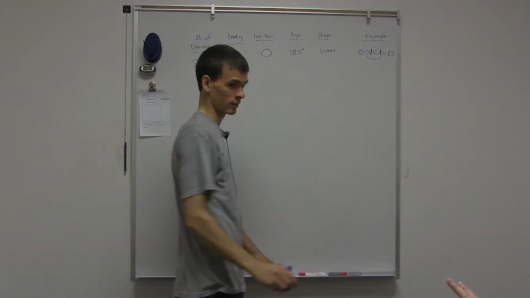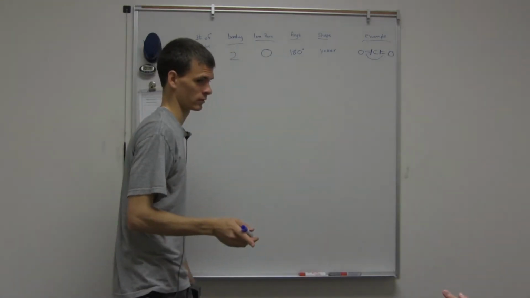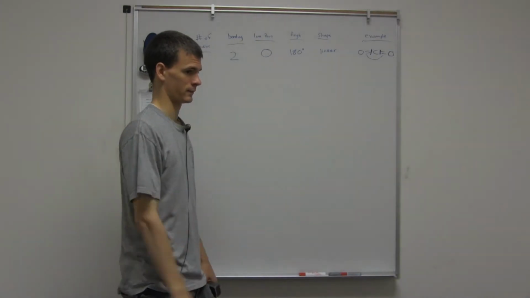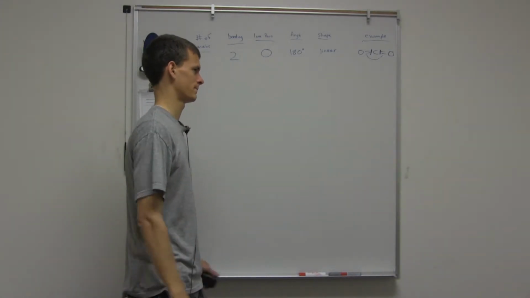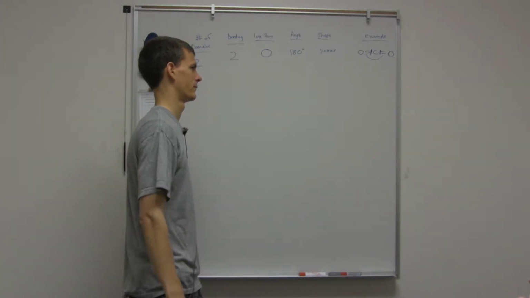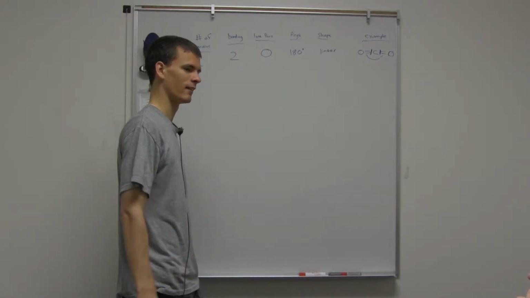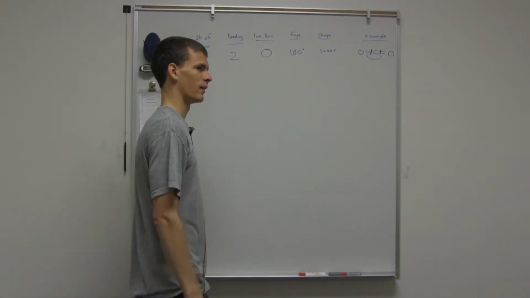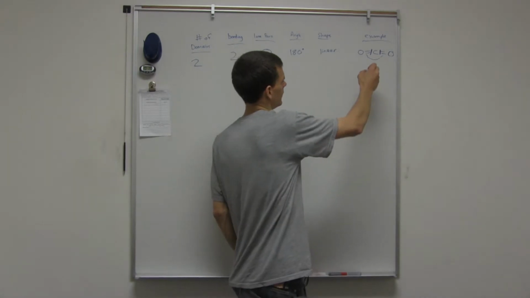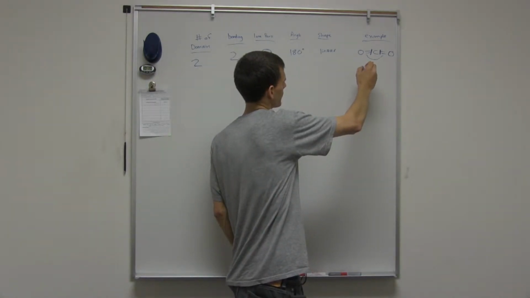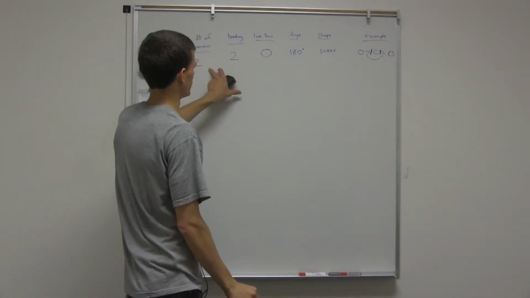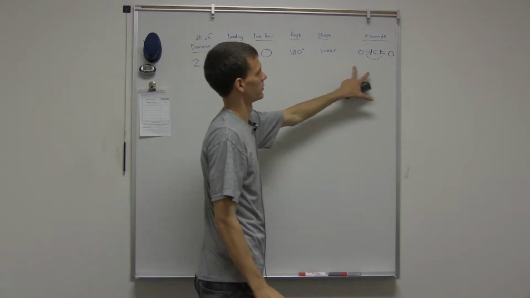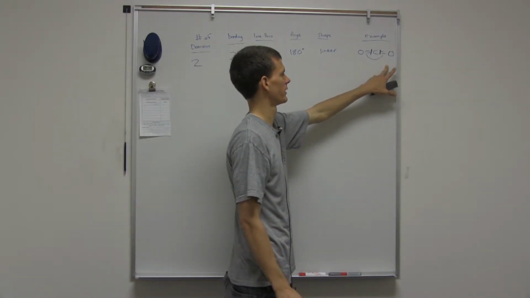So when there's 2 domains, will it always be linear? I think so, yeah. So that's the only one with 2 domains, so yeah, it'll always be linear if it only has 2 domains.